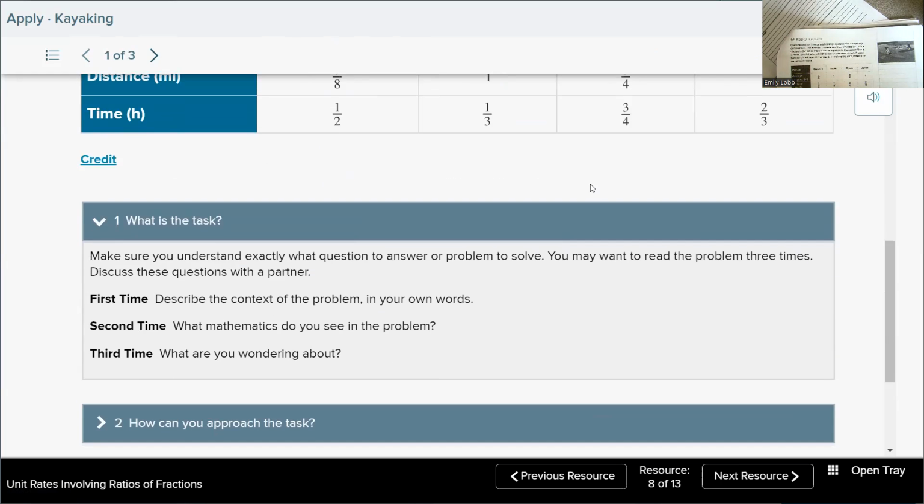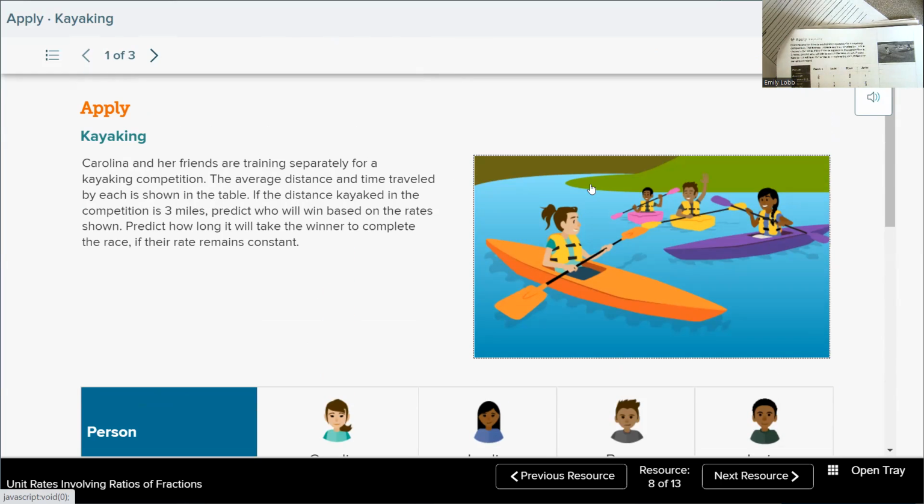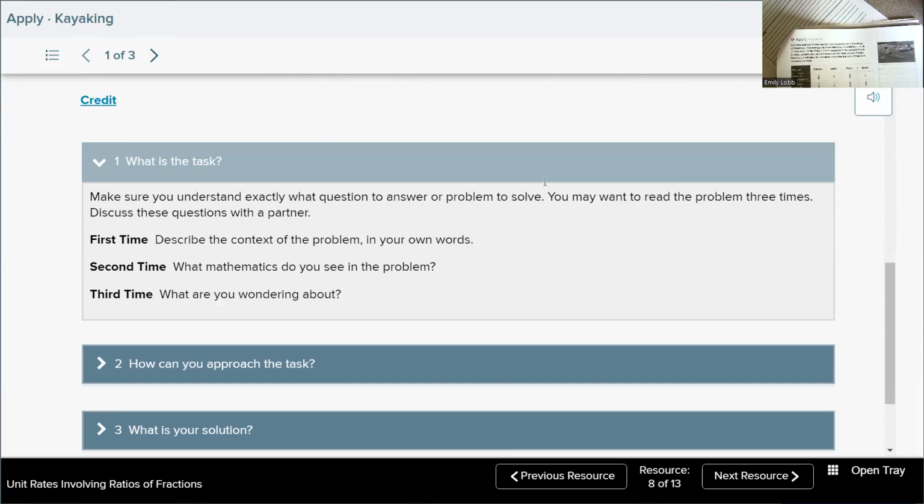Now, the third time, what are you wondering about? Predict how long it will take the winner to complete the race. So what are we being asked to find out?